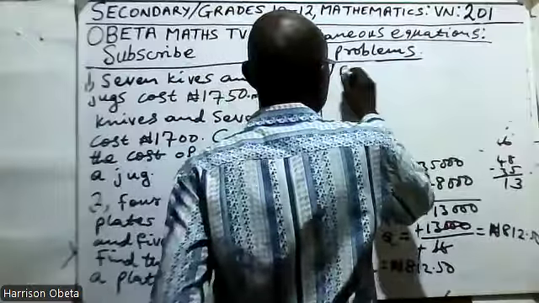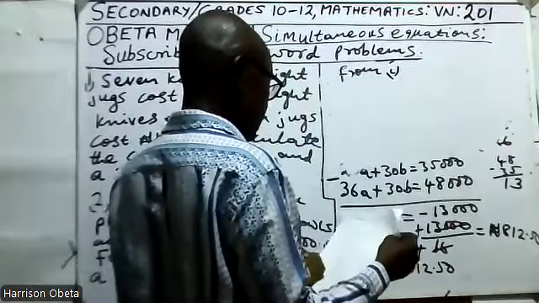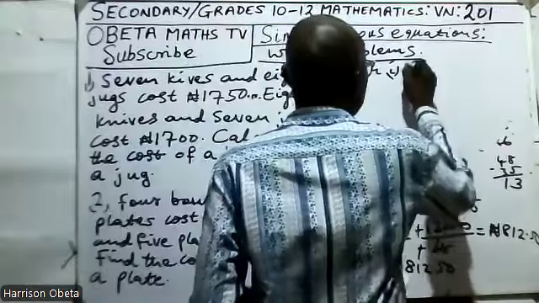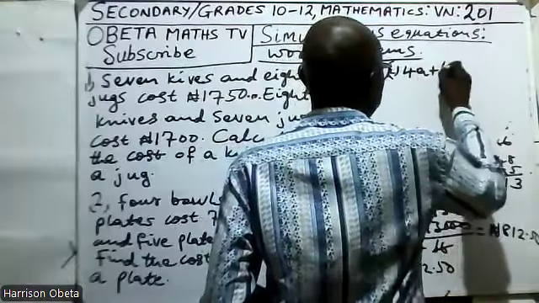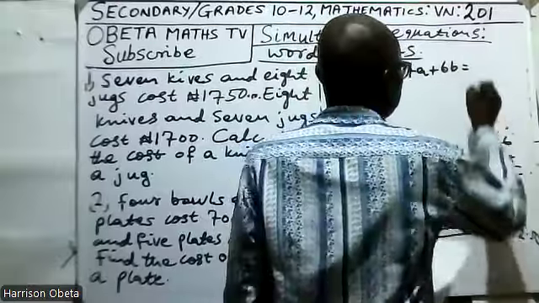So from equation 1, we have 4a plus 6b is equal to 7,000.